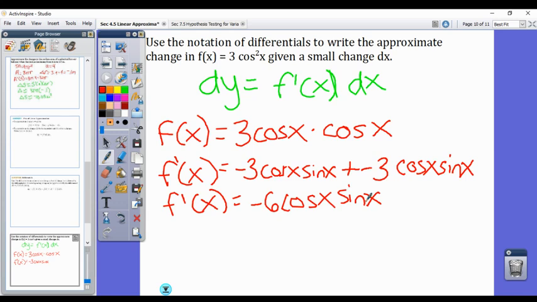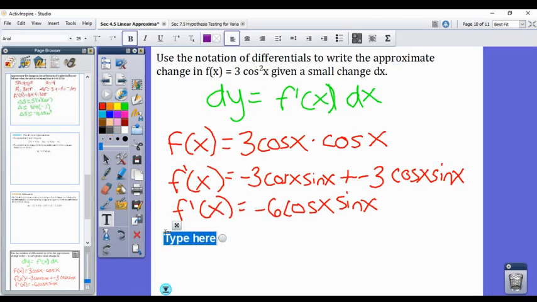Okay. So we can actually simplify this using the double angle identity. So this is a throwback to pre-calc. Your double angle identity is telling you that the sine of 2x is equal to 2 sine x cosine x.